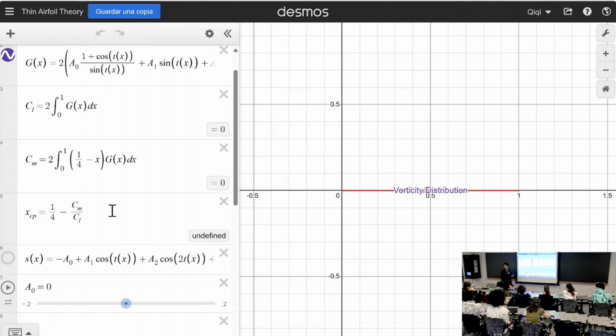That's a case where the lift is going to be exactly at the leading edge. So a positive moment means the lift would shift from the quarter chord all the way towards the leading edge, right? That means it's what kind of moment?